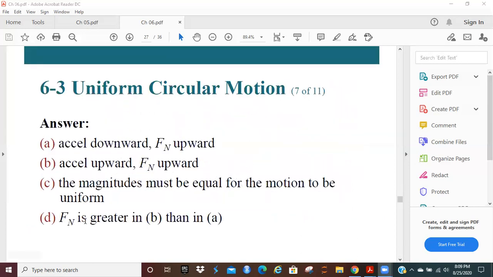I'll give you a hint. It's going to be greater here than it's going to be up there. And this is because of the direction of the acceleration and the direction of gravity.